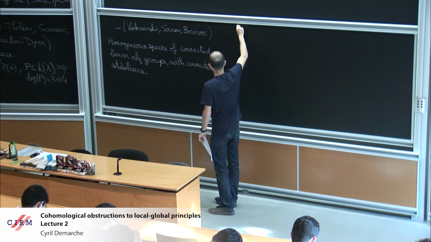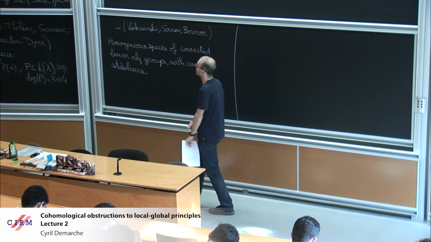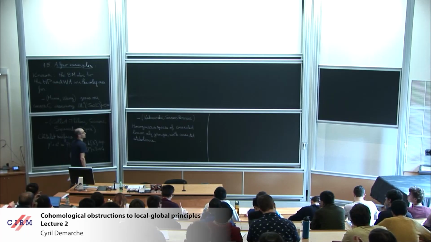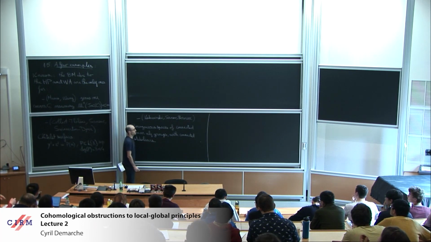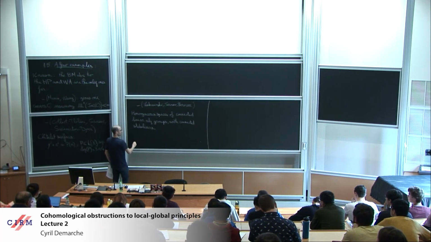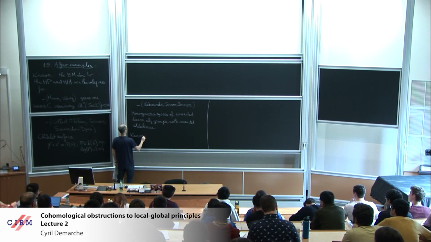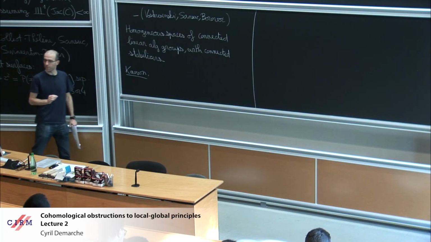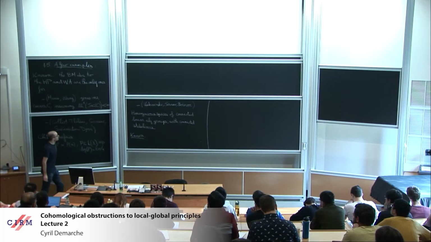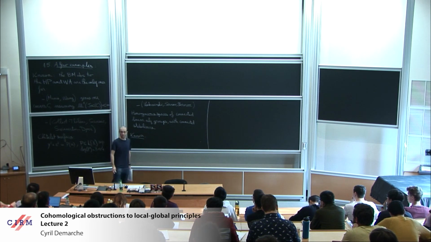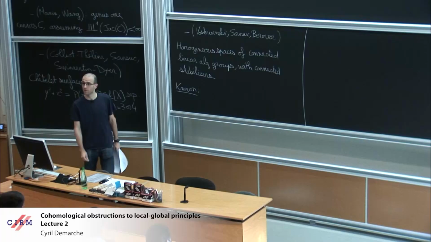Much more examples are known. And maybe I can mention it now, and we'll come back to it in the last lecture. What is also known is that the Brauer-Manin obstruction is not the only obstruction in general.